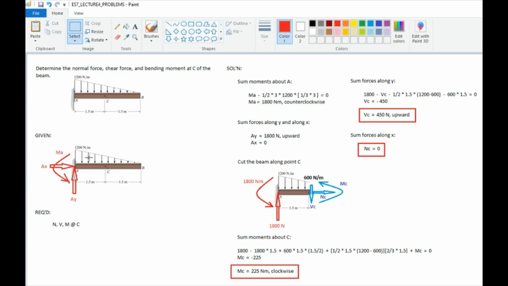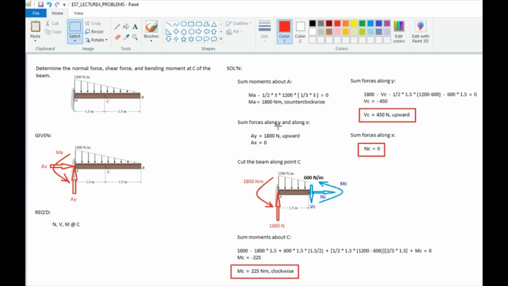MA, so minus the area of your triangle, so that's 1/2 base of 3 times 1,200 Newton per meter. And then, times the moment arm, which is 1/3 of the length of the load. So, 1/3 of 3. Okay. And then, equals 0.